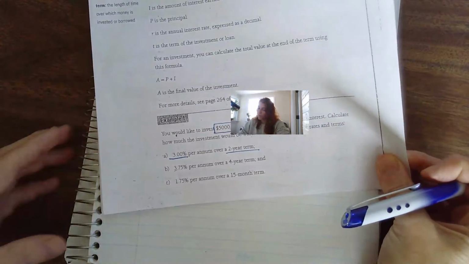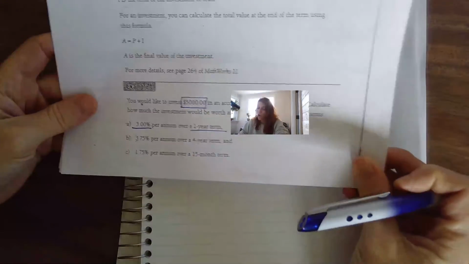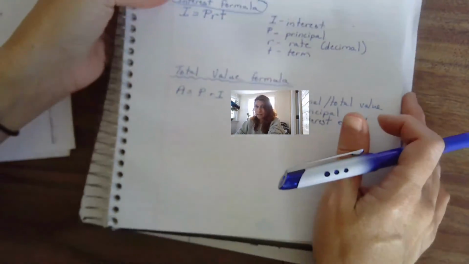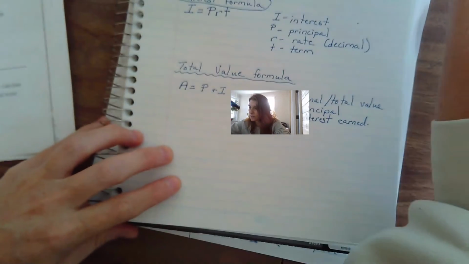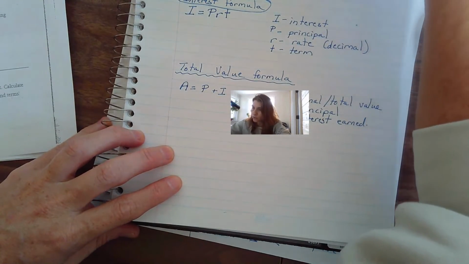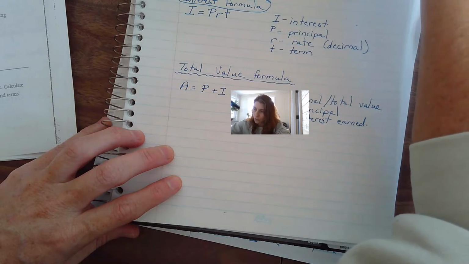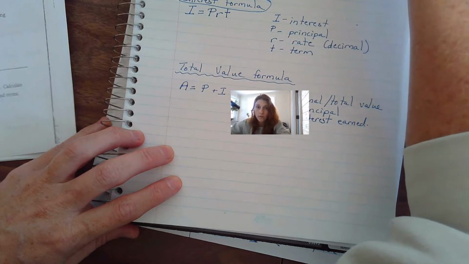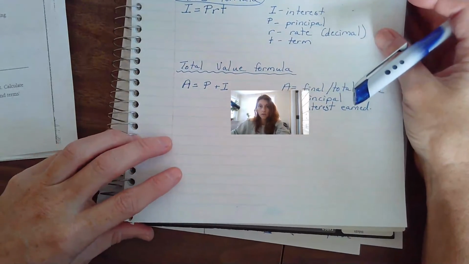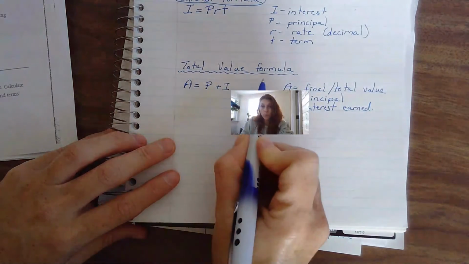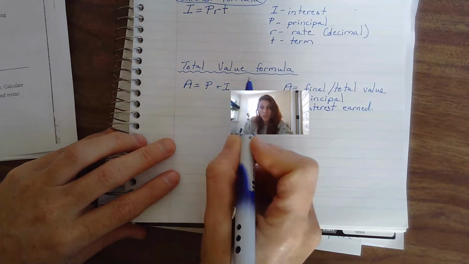So, if we are figuring out how much the investment would be worth at the end, sorry guys, why is this not focused nicely? Okay. We are finding out how much it is worth at the end.